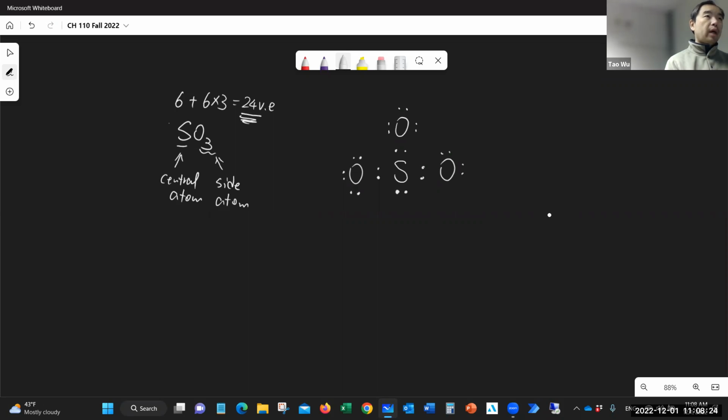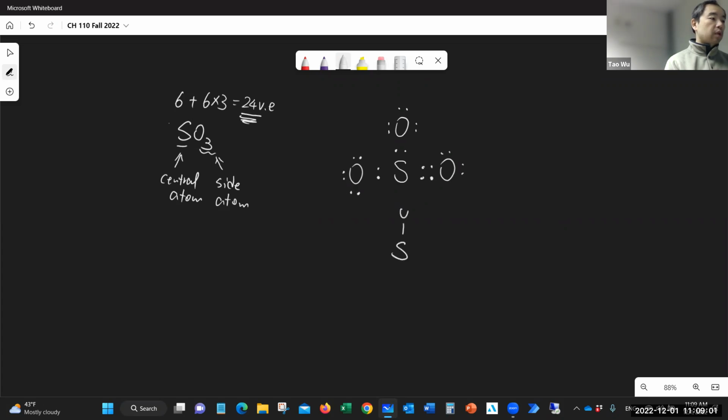We need to think about whether we have double bonds or triple bonds. So here, the only thing you can do is make an additional double bond, which is moving those lone pairs. These lone pairs are not shared electrons, and we move those lone pairs into the shared area. So in this case, this oxygen and sulfur will have 2 pairs of shared electrons, and they make a double bond.